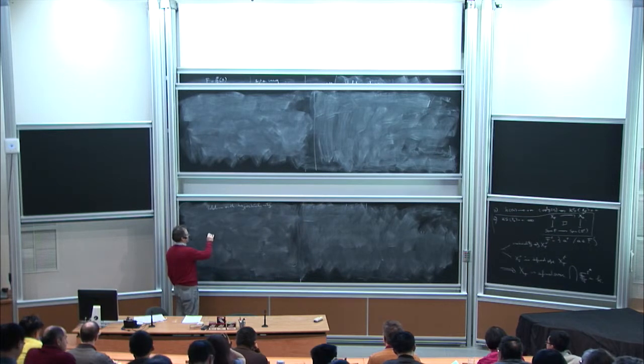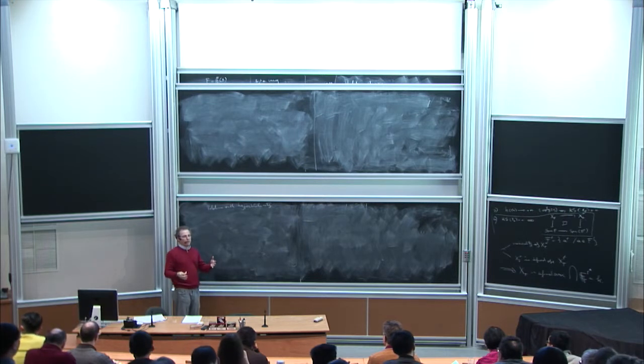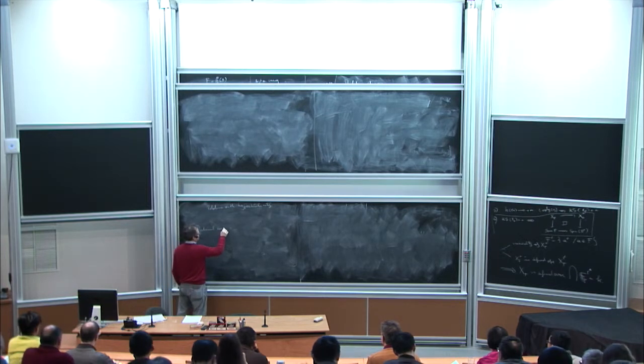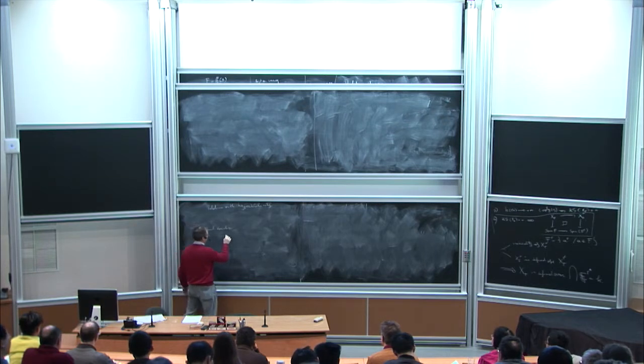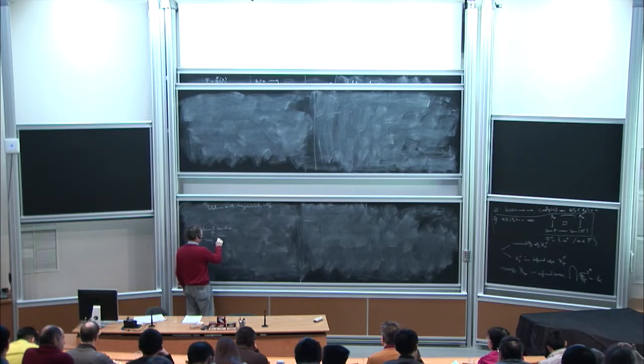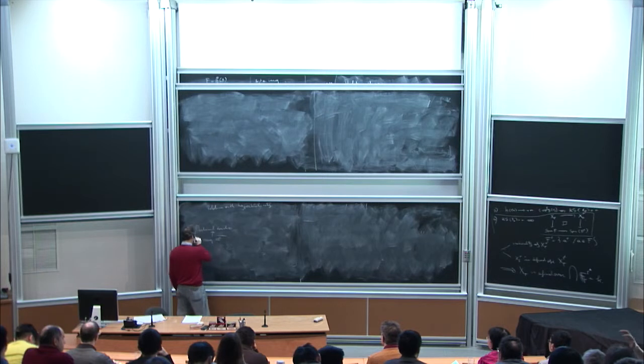I can imagine that there are varieties which are rational, which have many algebraic points, too many.